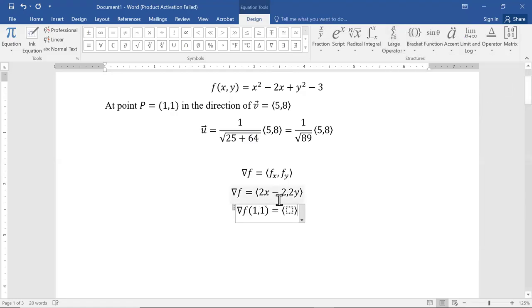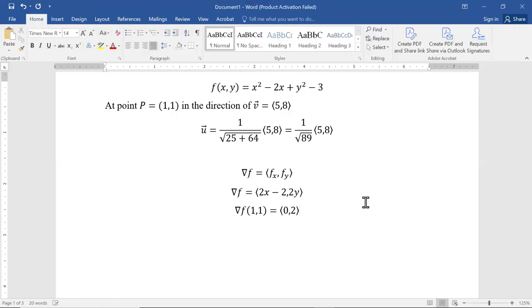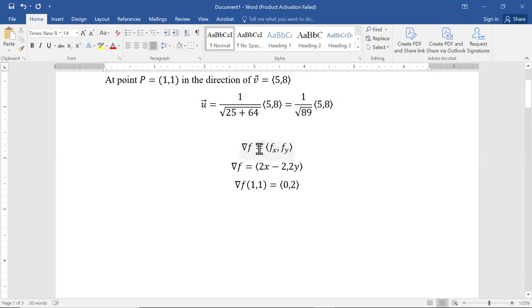Well, what's going to happen when you plug in 1 into the x component? You get 0. When I plug in 1 into the y component, I get 2. So that's the gradient. So if I want to find the directional derivative at the point 1, 1 in the direction of this v, I can take a dot product.